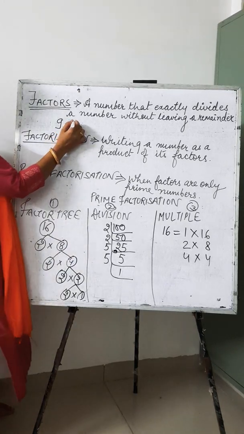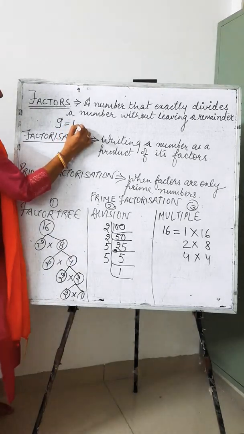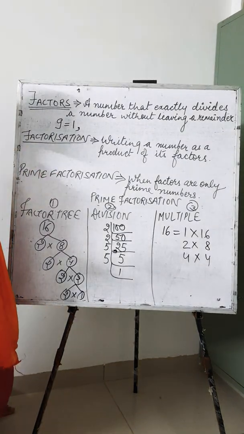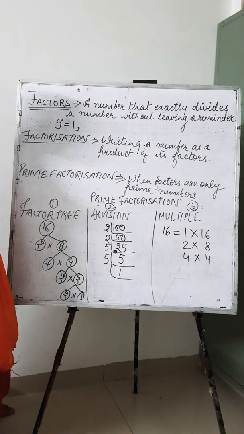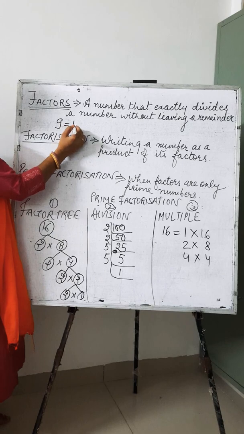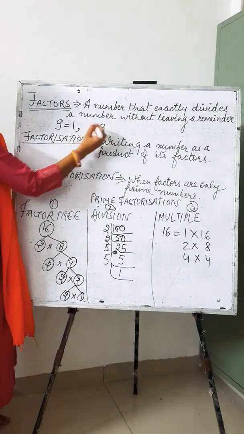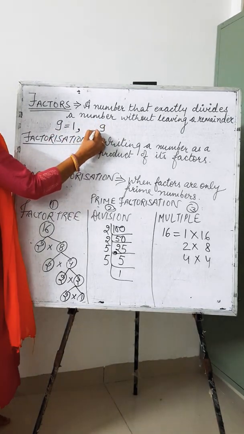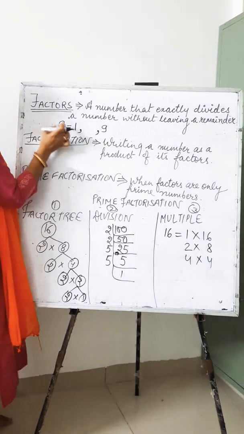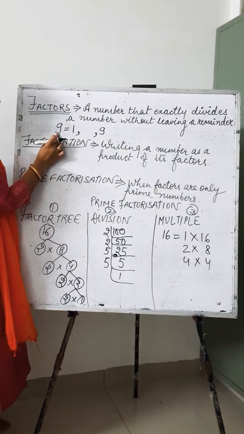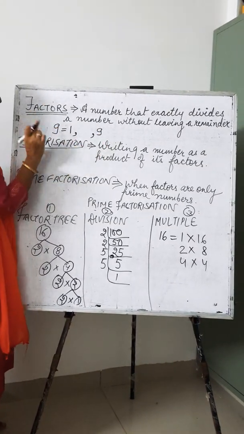So I will start my journey with 1. 1 is a factor of each and every number. So 1 and 9.